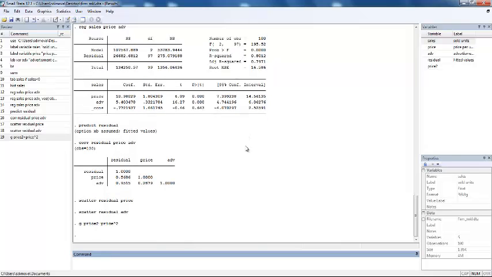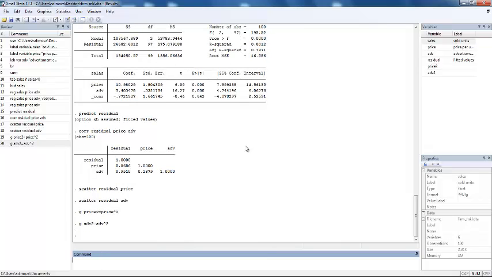Next we will generate the square term of advertising. And we also want to generate the cross product of price and advertising.